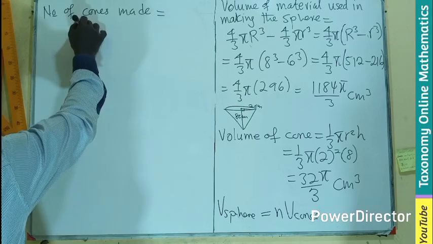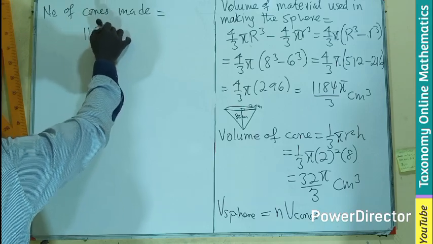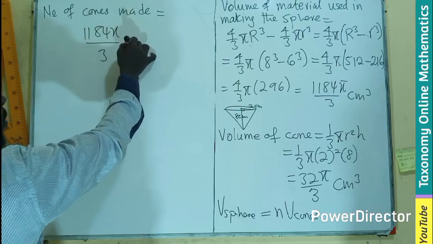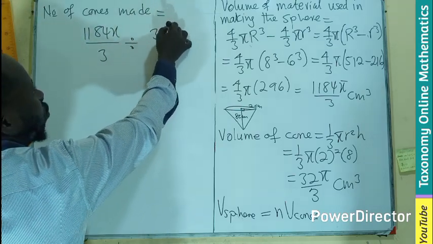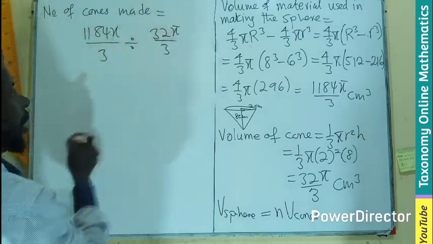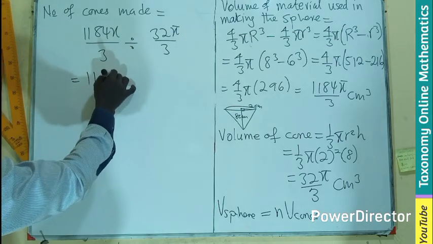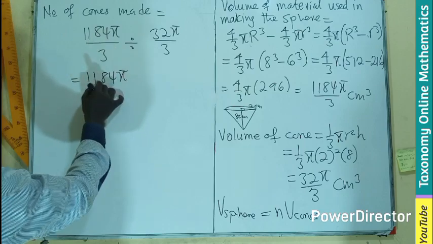So that means 1184 pi divided by 3, or divided by 32 pi divided by what? 3. Let's fast forward this to be 1184 pi divided by 3.